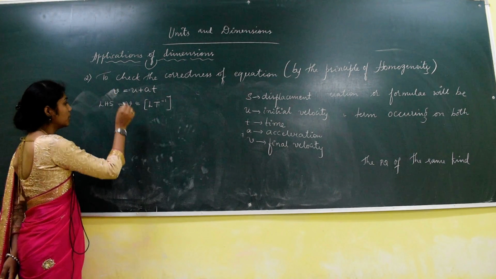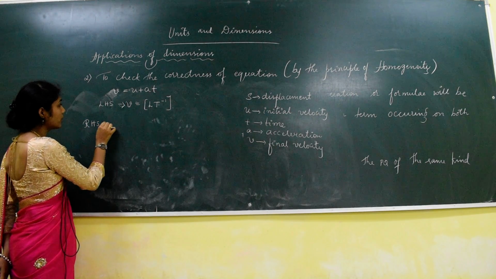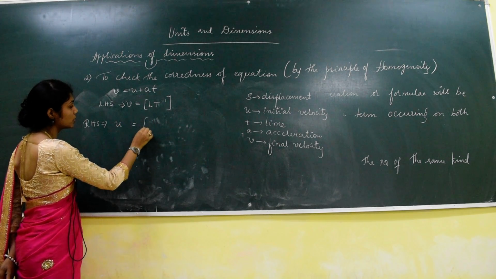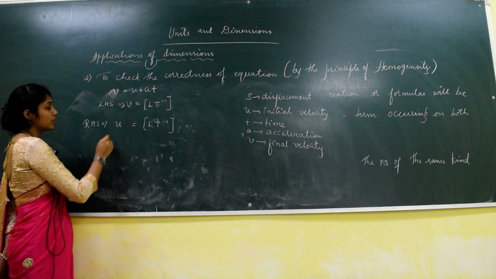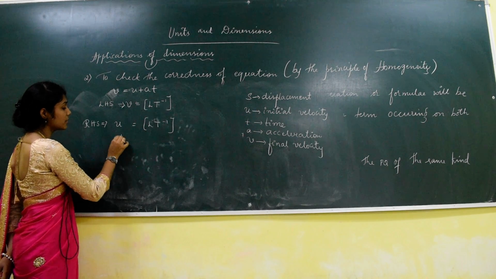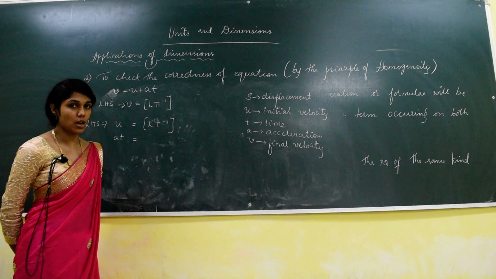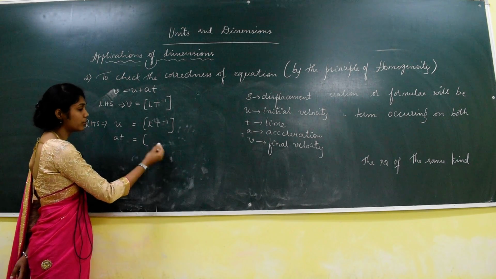Okay then, here I am going to consider the RHS part, which contains initial velocity. Again for initial velocity we will write LT minus 1, the velocity dimensional formula, and the next term I have is A into T. For AT, what does A represent? Acceleration. So what is the dimensional formula for acceleration?